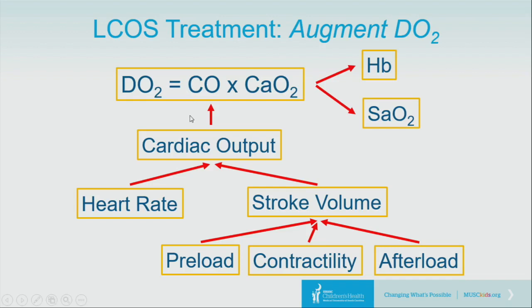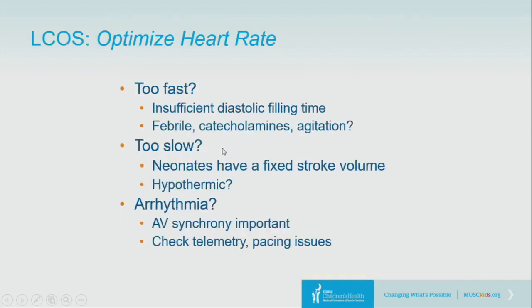And then as far as cardiac output, we focus on heart rate and stroke volume, and with stroke volume in turn, preload, contractility and afterload. In terms of optimizing the heart rate, there's no magic number that we apply to all patients. It has to be individualized. But for some patients, we need to determine if the heart rate is too fast and allowing insufficient diastolic filling.